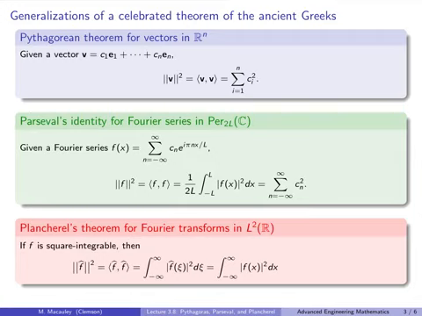And here's the theorem: the integral of the absolute value of the Fourier transform of f squared is equal to the integral of the plain old function f(x), quantity squared, absolute value dx. And that is, of course, the inner product of f with itself, which is just the norm of f squared.